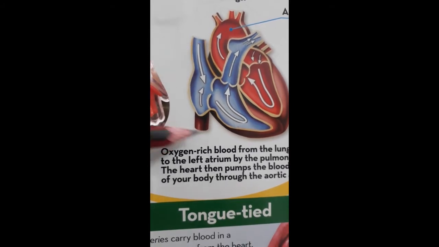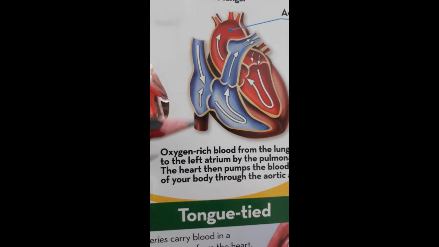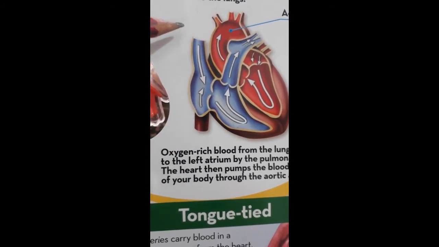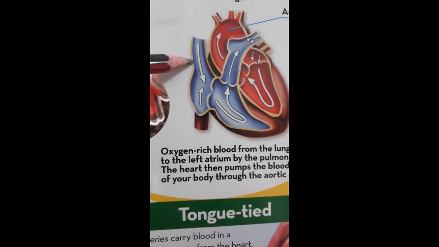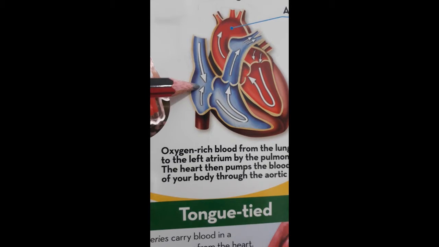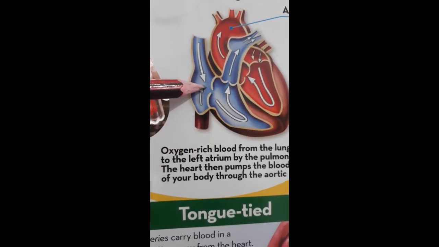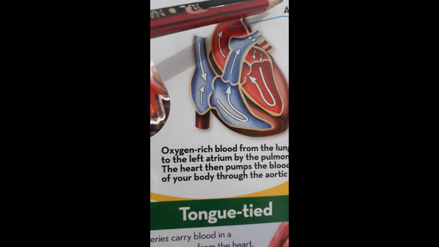This is the pathway of the circulation of blood in the heart. Hope you all understand. The blood which is carbon dioxide rich enters into the right auricle and enters into the right ventricle through the tricuspid wall, and it is sent to the lungs through the pulmonary artery.